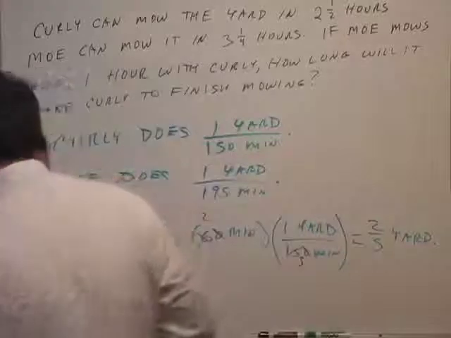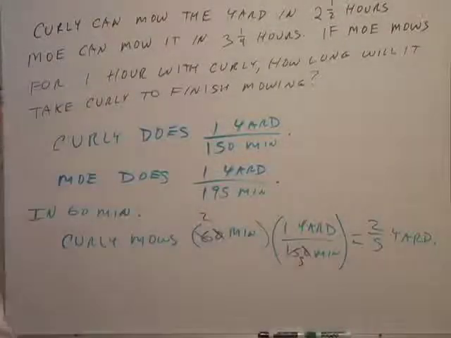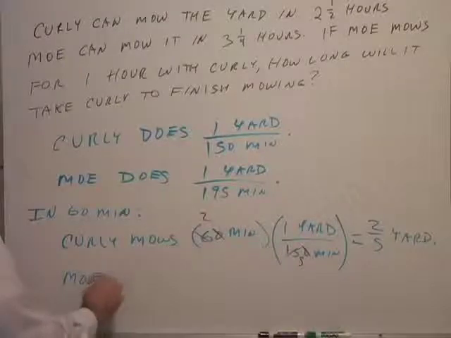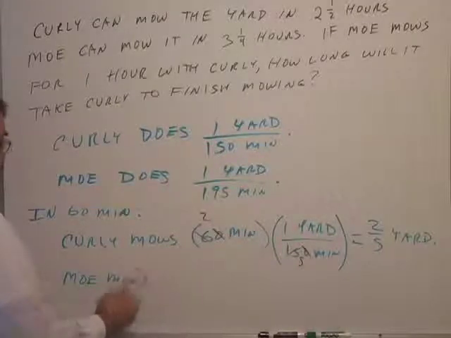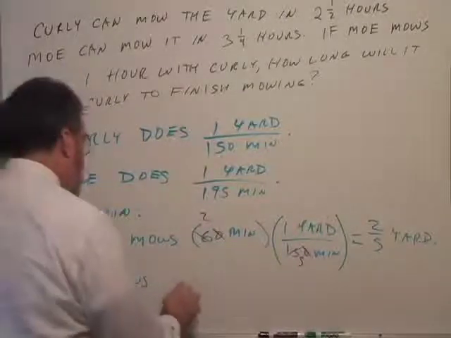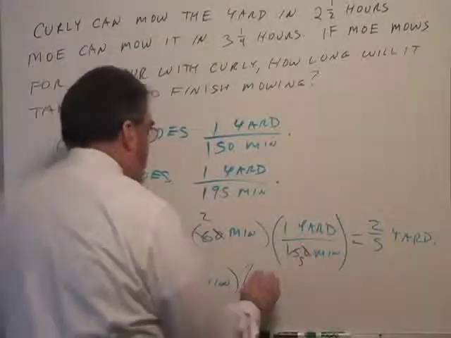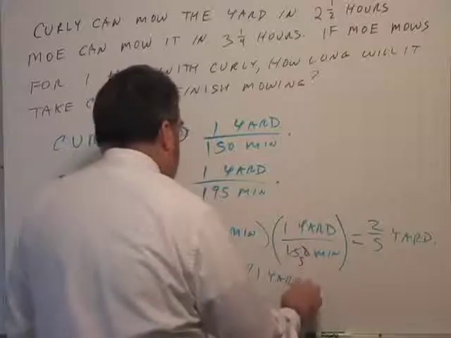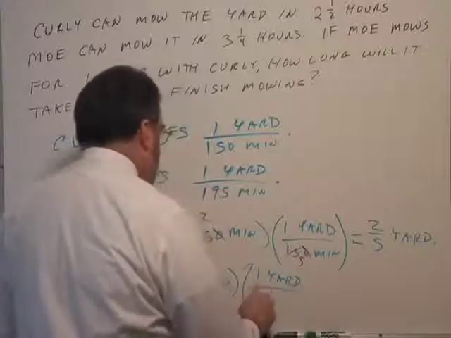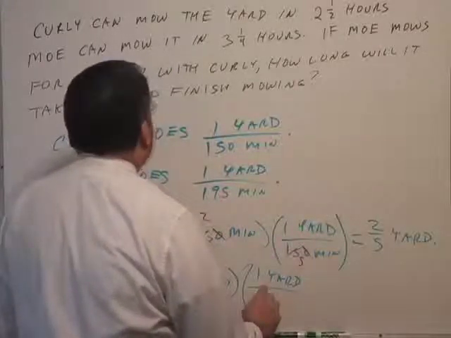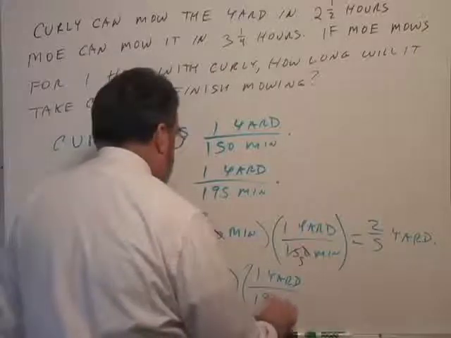All right, now how about Mo? Mo's probably going to be a pretty bad fraction. Mo mows. Again, it's going to be 60 minutes, and this time his rate of mowing speed is 1 yard per, what was it, 195 minutes.